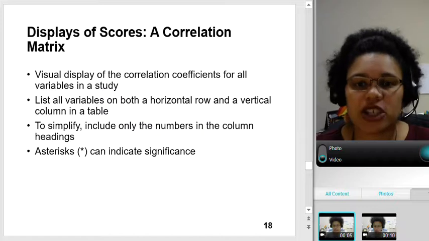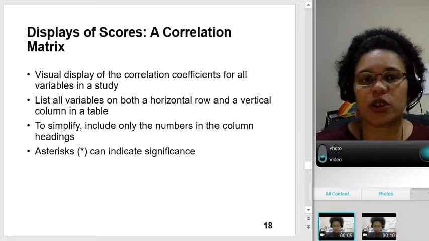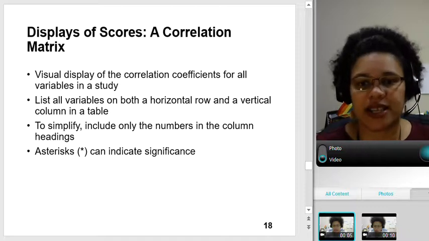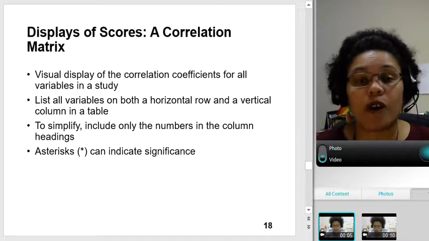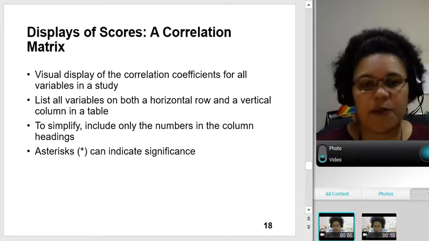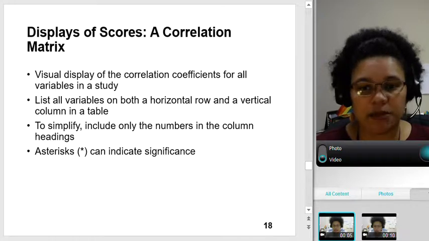Now, another way to show the scores when you're doing a correlational study is a correlation matrix. This shows all the correlation coefficients for all the variables in a study. The variables are listed on both the horizontal row and the vertical column.